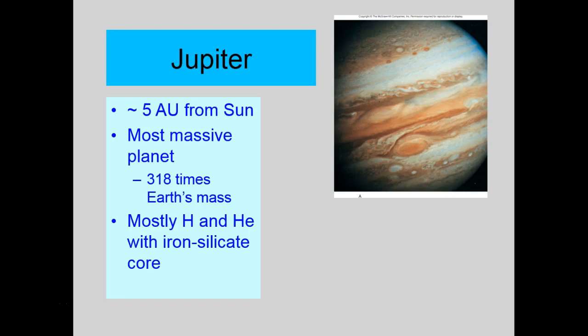This thing right here is called the Great Red Spot. Okay? It is so large that I think Galileo, when he first improved the telescope so that he could see Jupiter well, identified the Great Red Spot. It is a storm that has been raging for hundreds of years.